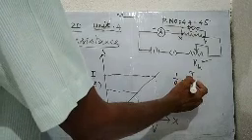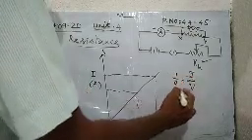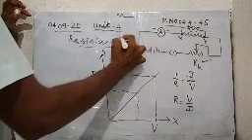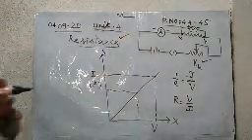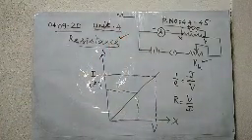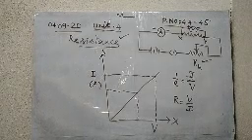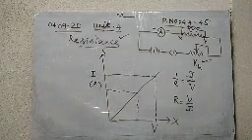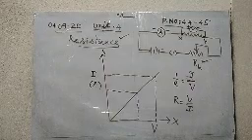Then the slope is found to be the reciprocal of the resistance, or R is equal to the reciprocal of the slope, which is equal to V by I. Therefore, using Ohm's law, we are able to determine the resistance of the given conductor, the given material of the given wire.